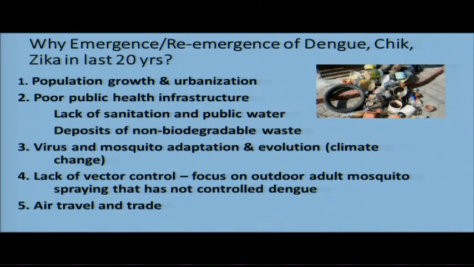People are migrating from rural areas to have a better life, to get better jobs, and forming these megacities in developing countries. At the same time as there's urbanization, there's a lack of sanitation and public health infrastructure.